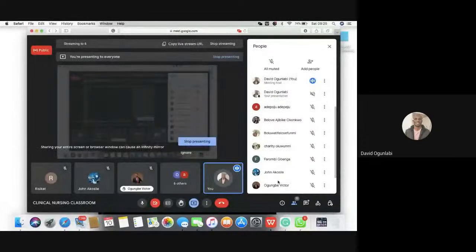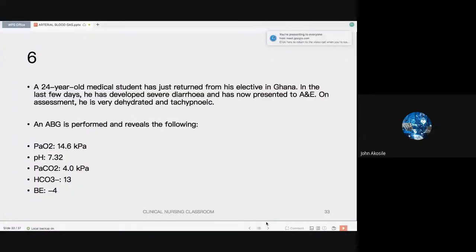Anybody? Okay, let me call John Akosile. I don't know how to pronounce that. John, are you there? Yes, sir. Can you help us with this, please? Okay. The pH is 7.32, which is lower than the normal, so we say the blood is acidic.